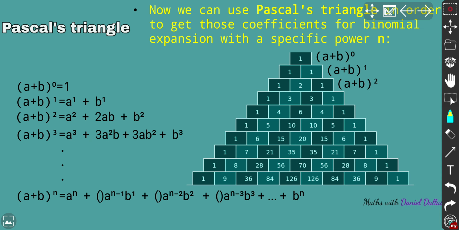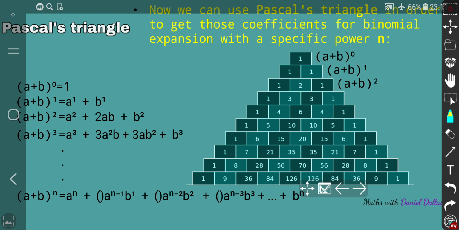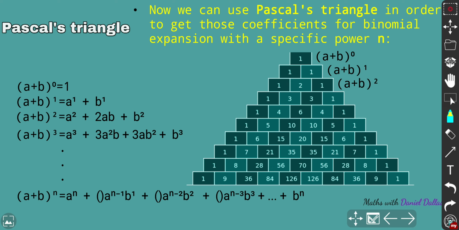So every time, those numbers show you the coefficients. But the question is how we can arrange those triangles, okay? On this slide, you can see that we can use Pascal's triangle to get those coefficients for a binomial expansion with a specific power, right? Let's assume we have the power a plus b to the power 4. So we count: that's 0, that's 1, that's 2, that's 3, that's 4.